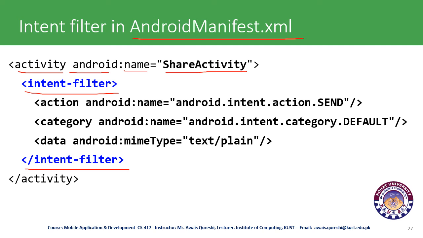Similarly, there is a category filter which states that this is the default category, and the third one is data, mimeType text/plain. This means that our data is transferred in text plain format. So these are the intent filters, specific rules with the help of which we can send data.